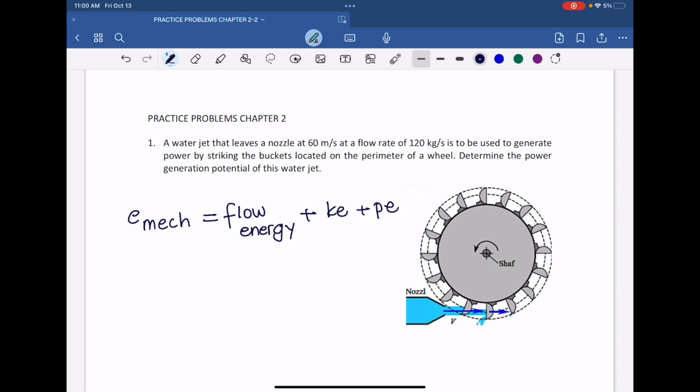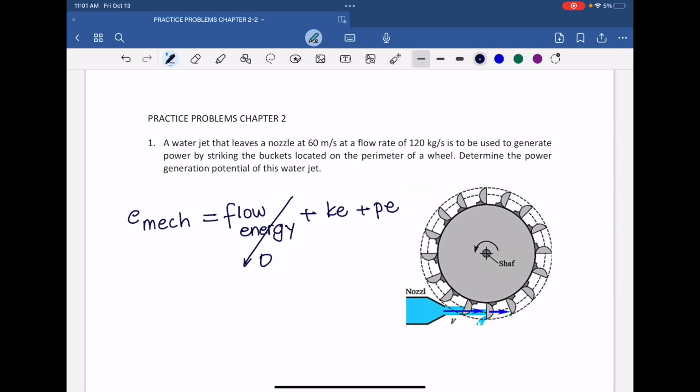But in this case, flow energy is related to the pressure of the fluid that is capable of doing work, but there is no information about the pressure of that water jet, so it might be insignificant compared to kinetic energy. Therefore, they are not giving that information, and they are telling us to make the assumption to set this to 0.